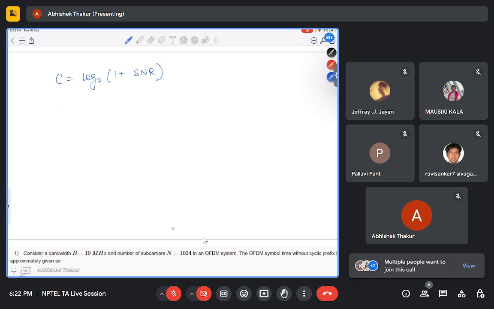So in the case of MIMO, the capacity Ci will be given as log 2 of 1 plus Pi sigma i square by sigma n square. So the total capacity C will be the summation of i equal to 1 to T of log 2 of 1 plus Pi sigma i square by sigma n square.